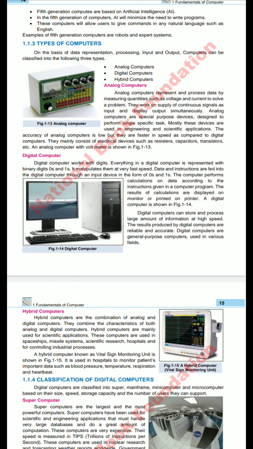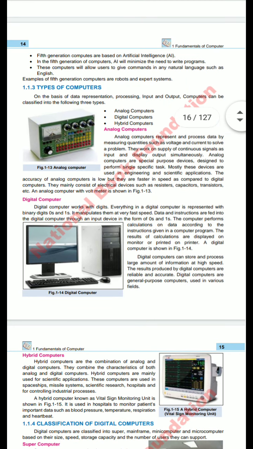Voltage is represented by V and current is represented by I. To solve a problem, they work on continuous signals as input and display output simultaneously. In simple form, the analog computer works with continuous signals.